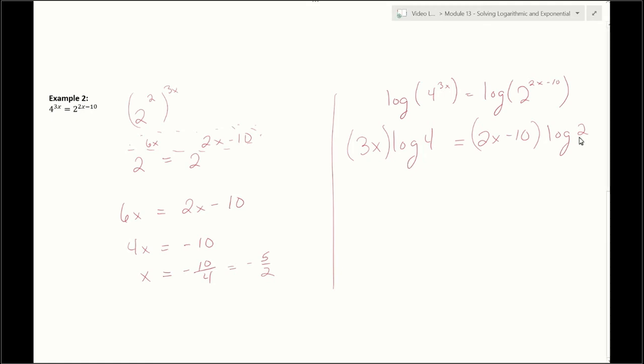For this one, let's say I divide by log 2 on both sides, something that you may or may not have thought of to do quickly. And if you put this log 4 over log 2 in your calculator, you'd actually get 2.